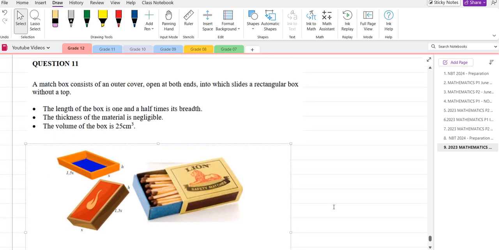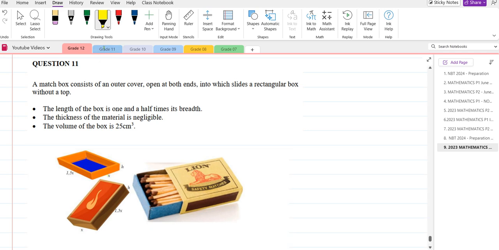A matchbox consists of an outer cover open at both ends, that's the outer cover here, into which slides a rectangular box without a top. That's the box here. The length of the box is 1.5 times its breadth.